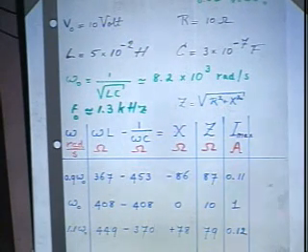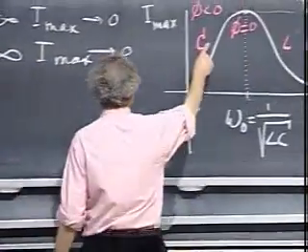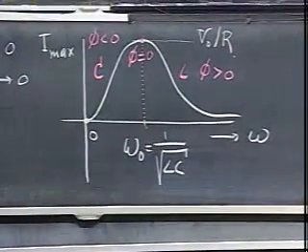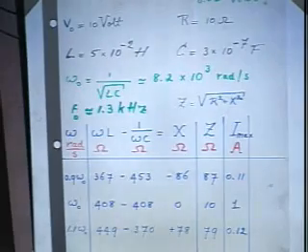And what I do here, I have a driving frequency which is 10% below the resonance frequency. And I calculate for you here omega L, which is 367 ohms, and 1 over omega C, which is 453 ohms. You are a little bit below resonance, and so C dominates. And you can see indeed that this ohm value is larger than this one.